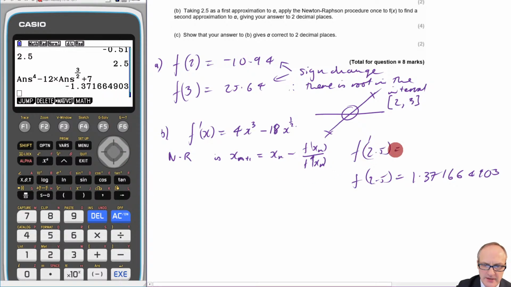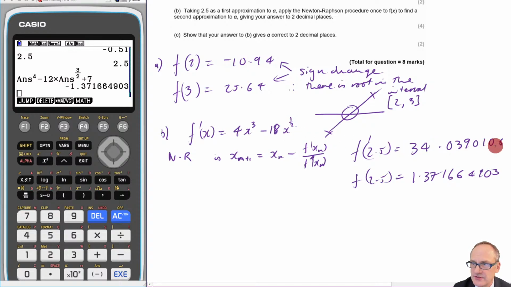Then I can do f dash of 2.5, which I've already worked out. It's 34.03900106. So if I put 2.5 into here, 4 times 2.5 cubed minus 18 times 2.5 square rooted, I get this answer.